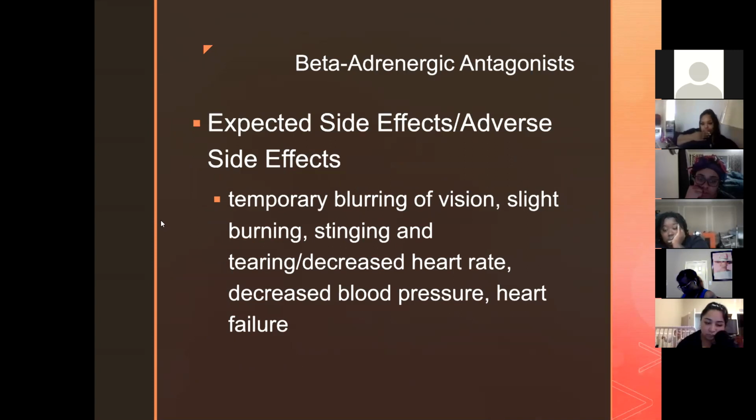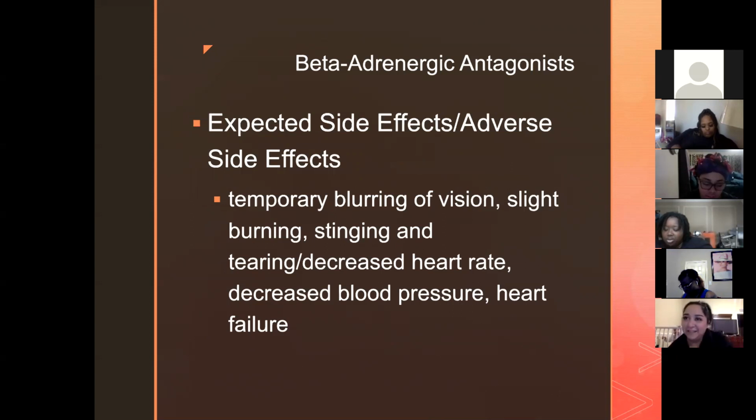Right, so some expected side effects from this medication would be temporary blurring of vision. There may be some slight burning, some stinging, maybe some tearing. Your adverse effects for this medication is that it can be systemic.